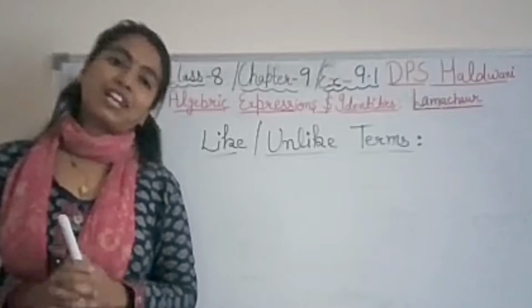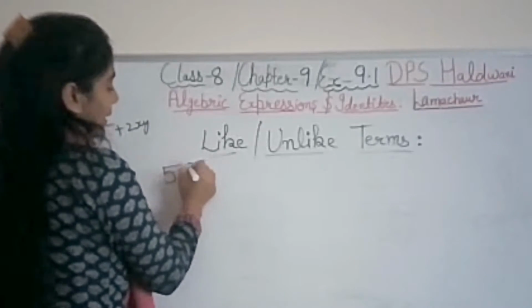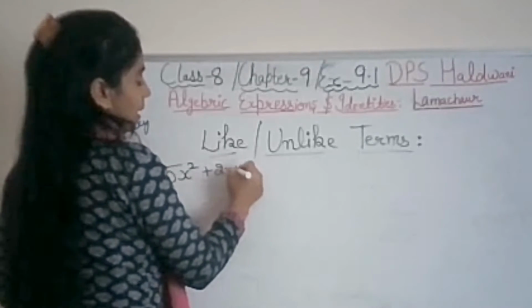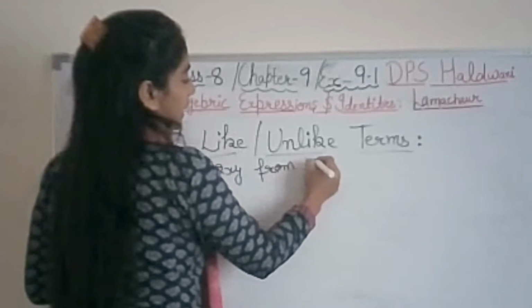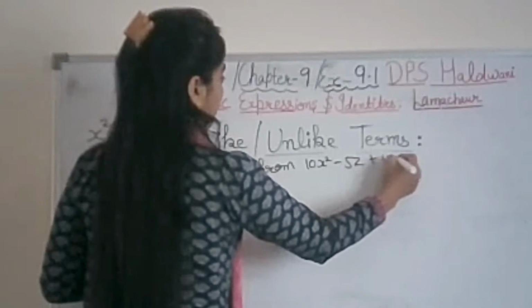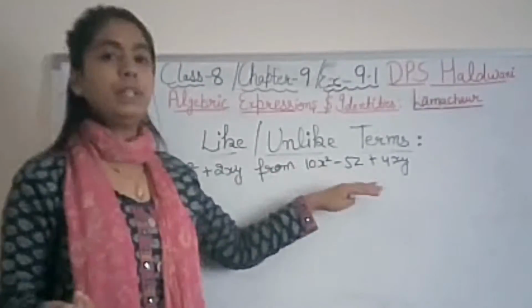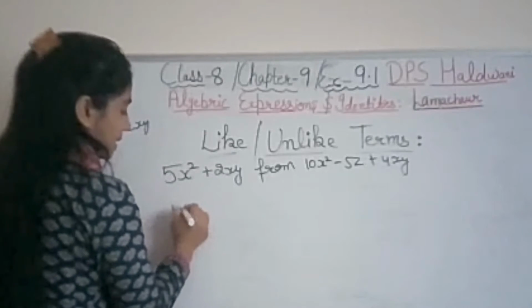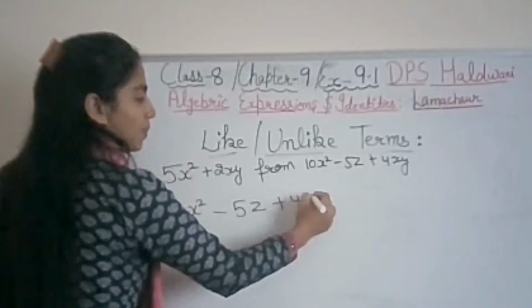Now coming to subtraction. Suppose you have 5x square plus 2xy, and you have to subtract it from 10x square minus 5z plus 4xy. So how will you subtract? Same, the term you subtract from comes first. So it is 10x square minus 5z plus 4xy.